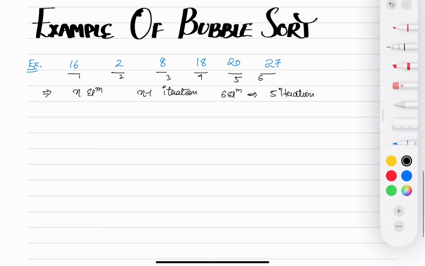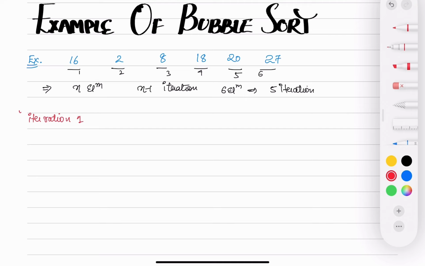So let's write those iterations. I'll write iteration 1. So what do we do in bubble sort? We keep checking the adjacent elements, and in case we figure out that the lesser element is present below, we swap it. So let's see. 16, 2, 8, 18, 20, 27.